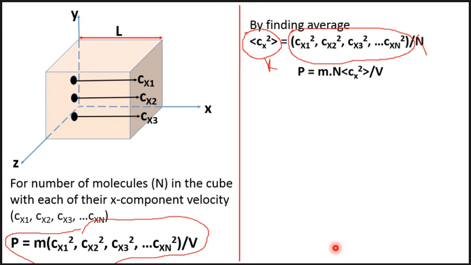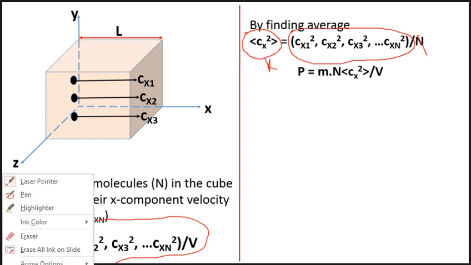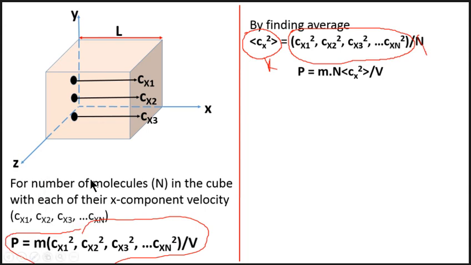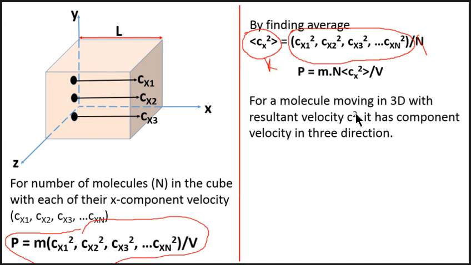Now if we are considering a molecule moving in 3D, what do I mean? Moving in 3 dimensions with resultant velocity c squared, it's going to have component velocities in 3 dimensions as well.